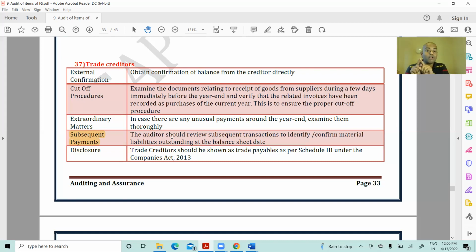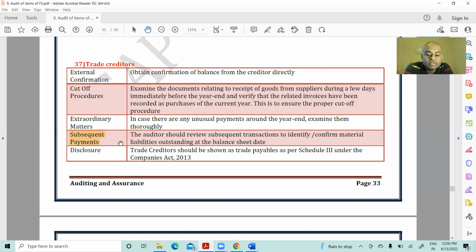In April or May, if this 1 crore rupees is not paid, that 1 crore rupees might be a fake number also, a wrong amount also, who knows? If it is genuine amount, you will pay it in April or first 1-2 weeks of May. So verify subsequent payments.